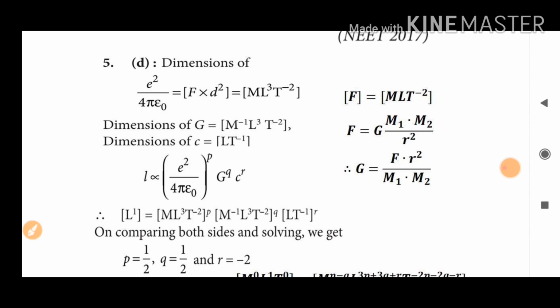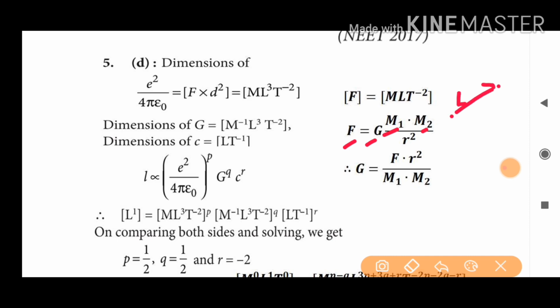Now you have to find the dimension of G, the gravitational constant. What is the law of universal gravitational force? F equals G m1 m2 by r square, where F is gravitational force, G is gravitational constant, m1 m2 are masses of two bodies, and r is the distance between these two bodies.